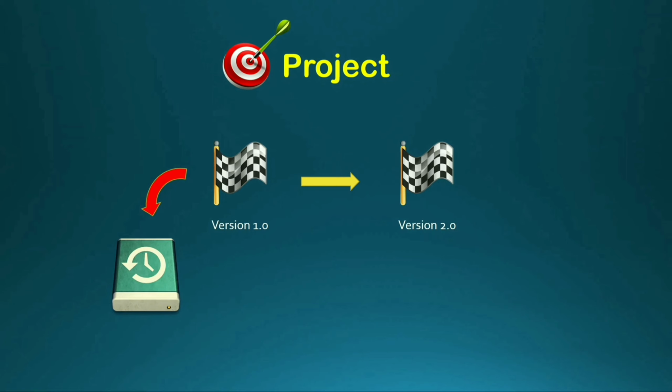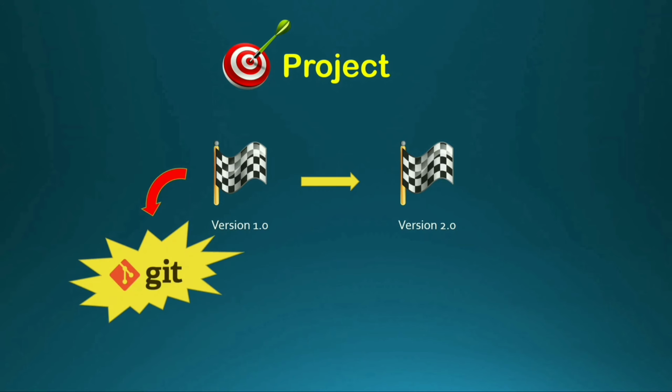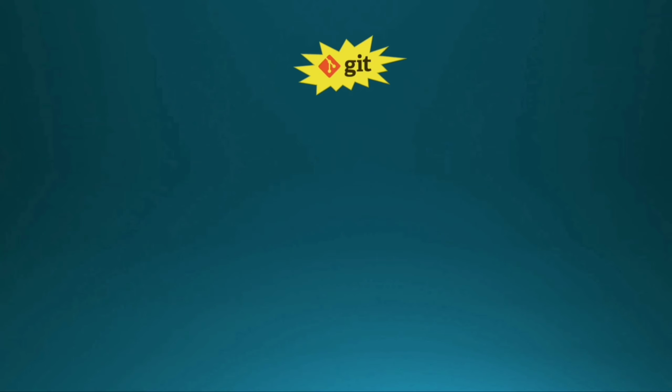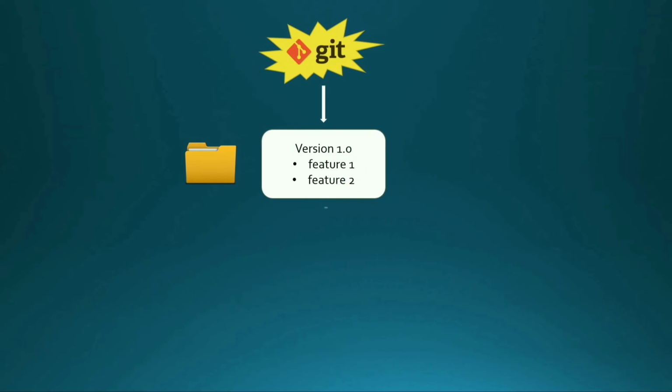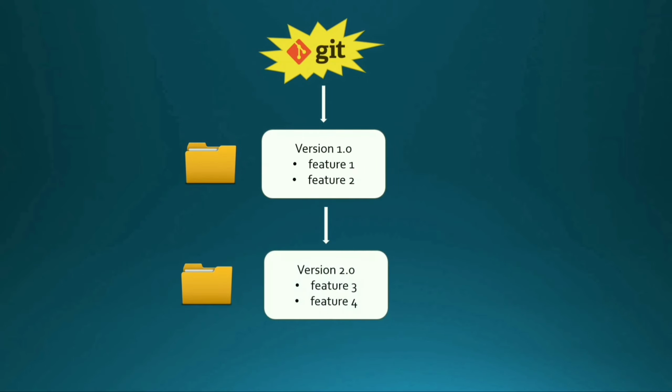But instead of having a copy of each version and maintaining it separately, you can use Git to do the same. Git is a more powerful tool that simplifies this task for you. It maintains all the versions of your project, shows you which part is updated and what it is for, and keeps track of all the code changes made in your project.